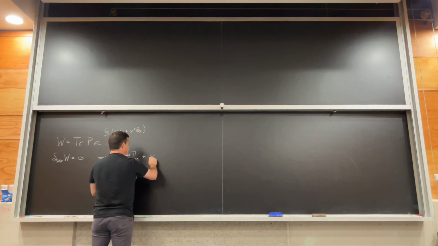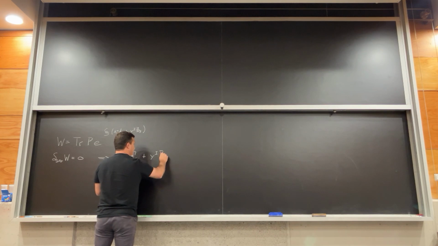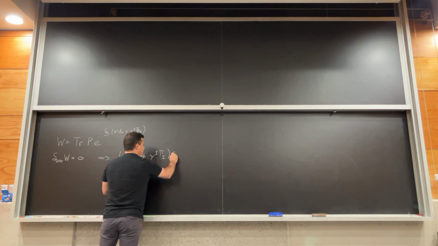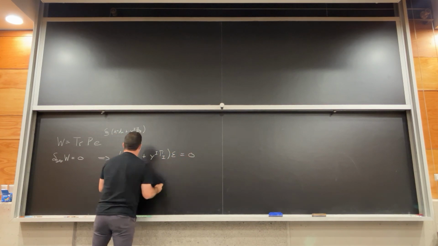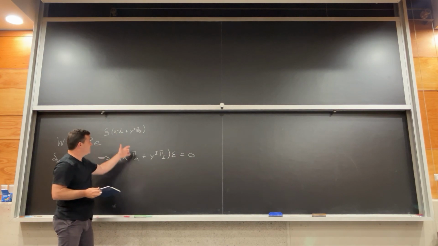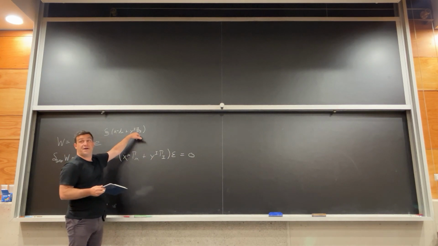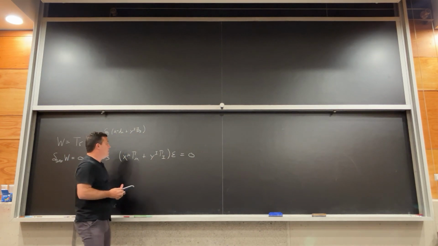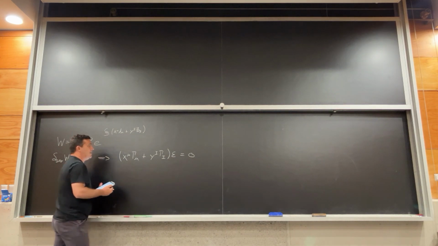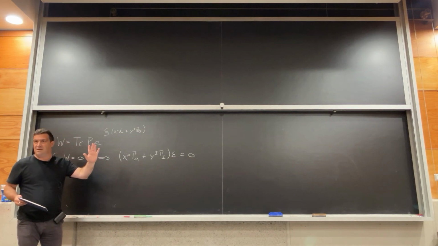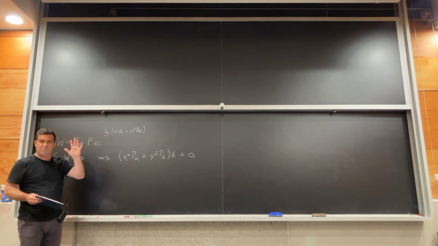And I'm going to write it slightly differently just to avoid confusion. So this comes from the variation of x mu. This comes from the variation of phi i. And what I said was that, and this is a standard technique, and you should maybe memorize it.